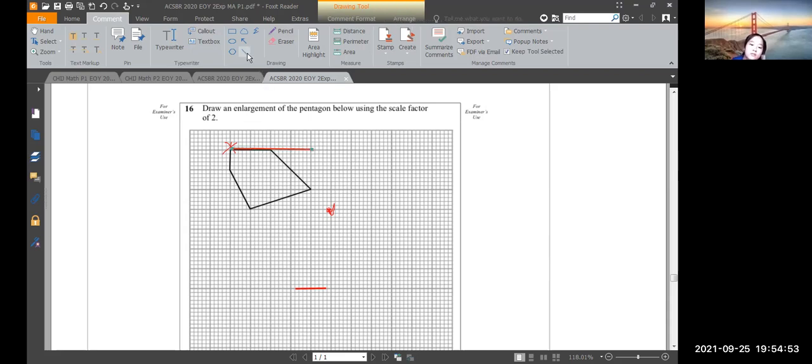Then another point, here to here. How many? 1, 2, 3, 4. So you 2 times it, give it 1 more. So 1, 2, 3, 4. Am I right? Yeah.